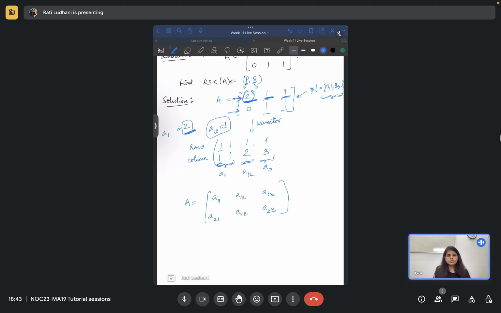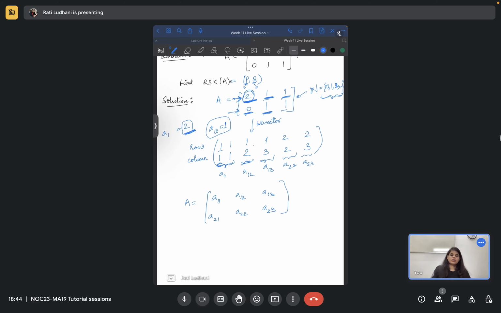For 0 you will not write anything, because this tells you how many times you will write it, and 0 means you will not write it. So we'll not record anything from this. Next will be just the next number, that will be 2 2, and this will be repeated just once because the entry is 1, and then 2 3, exactly.